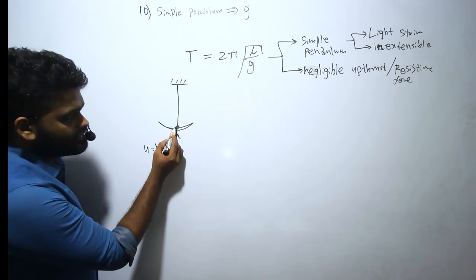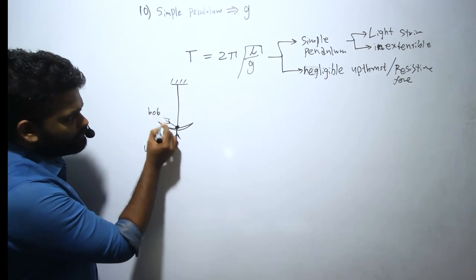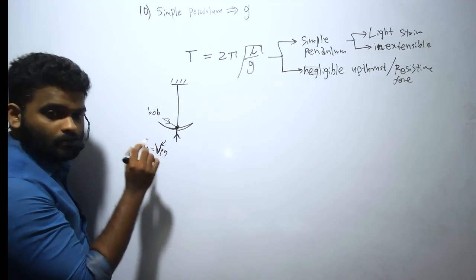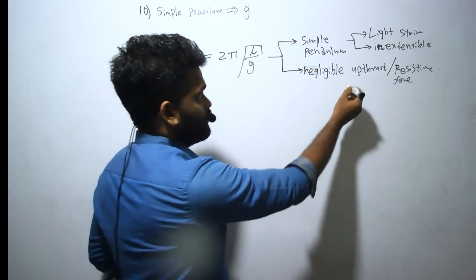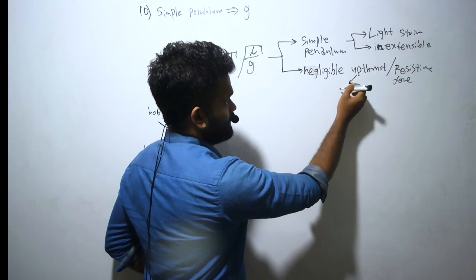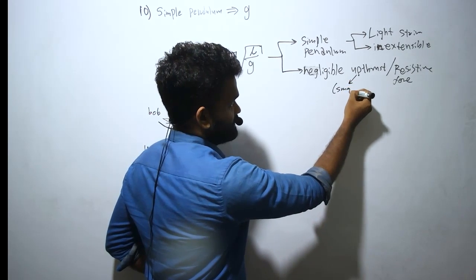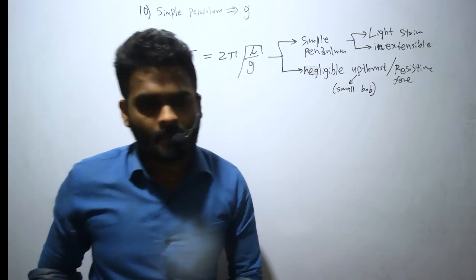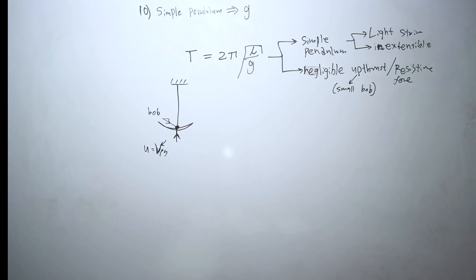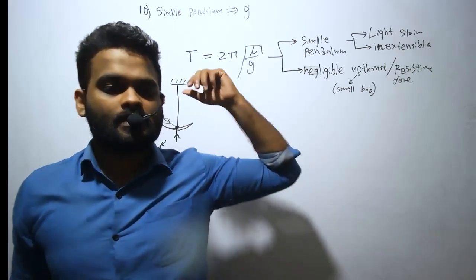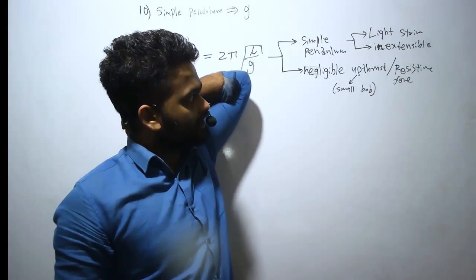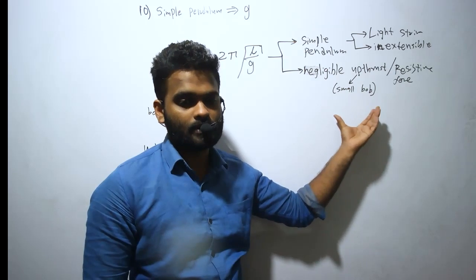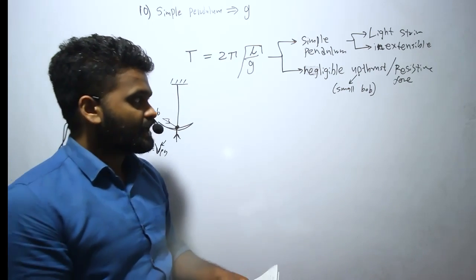Volume of the bob, this is the bob, we call this the bob, right? The volume of the bob should be negligible. So we need a small bob. In order to have a negligible upthrust, we need a small bob. So we can say upthrust is negligible.